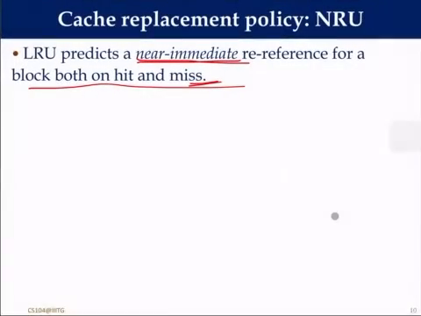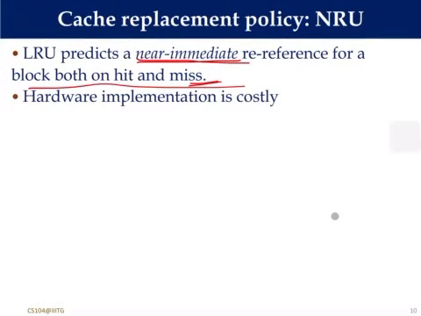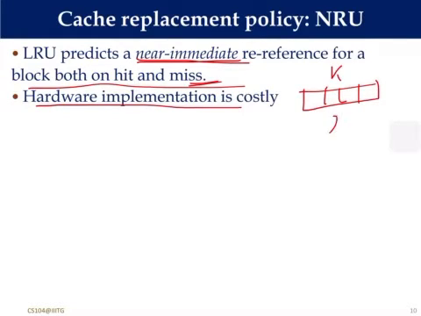Now another characteristic of LRU is that its implementation is a bit costly in hardware, because you need to keep track of the relative positions of all the blocks. If you have k blocks, you would need 2 to the power k bits.